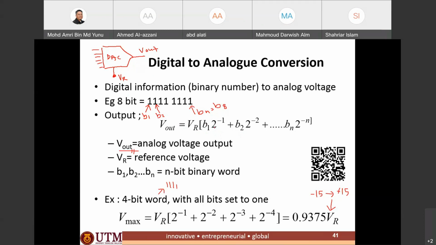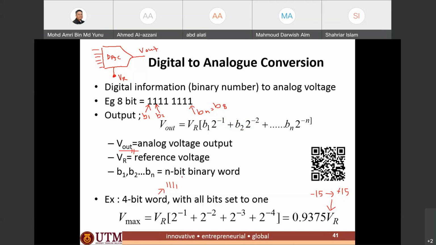For example, bit place B1 is at the left most, multiplied with its factor, which is 2 to the power of -1, the first bit place from the left. Plus the next bit place, the bit value multiplied with the factor 2 to the power of -2, and so on.